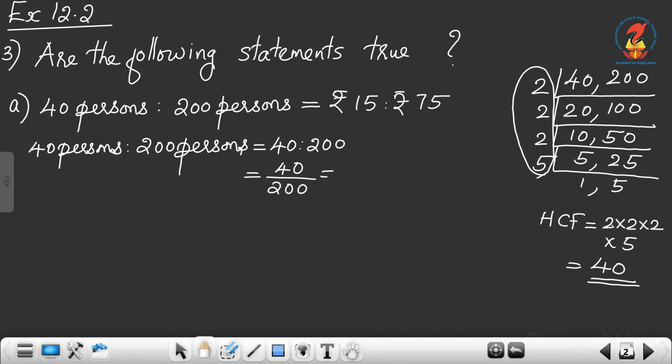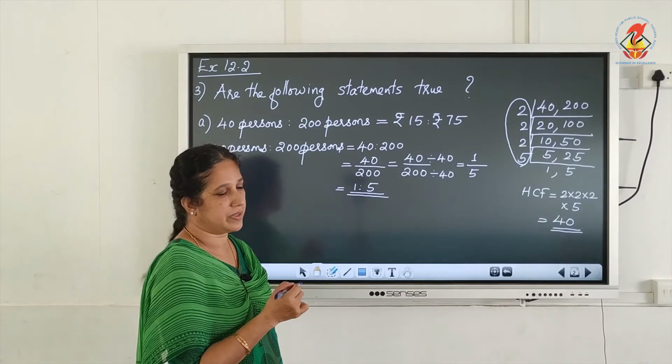Then divide both numerator and denominator by the highest common factor. 40 by 200 divided by 40 gives 1 by 5, since 40 into 5 is 200. So we can write 1 is to 5. When we reduce the first ratio, we get 1 is to 5.